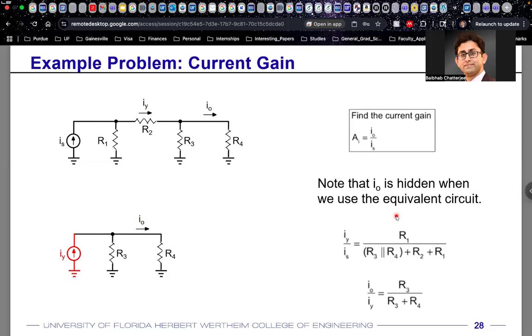Now that current flowing in will be divided into two parts again. One will go through R3 and the other one will go through R4. And the one that goes to R4 is the output quantity that you want. That will be your I out or IO. So again, it's just a very simple current division. Your IO or I out is R3 divided by R3 plus R4 times IY.